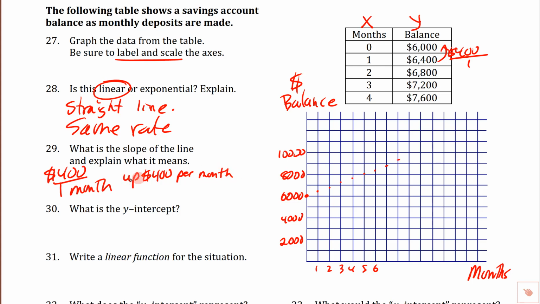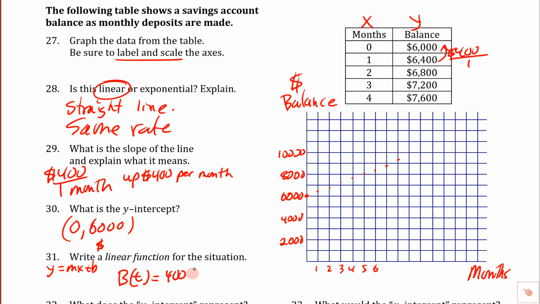Okay, and let's go ahead and write that it goes up there. And it says, what is the y-intercept? The y-intercept would be 0, 6,000, and of course that would mean $6,000. And then write a linear function for this situation. So again, we're thinking about linear functions, y equals mx plus b. In this case, I might write something like this. Again, you would be totally free to choose something else.